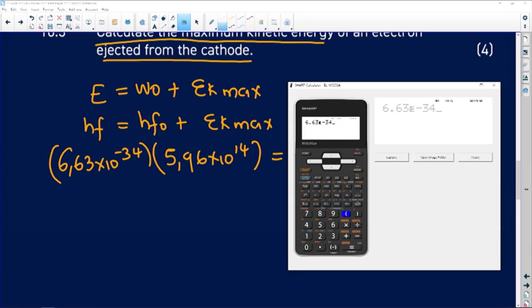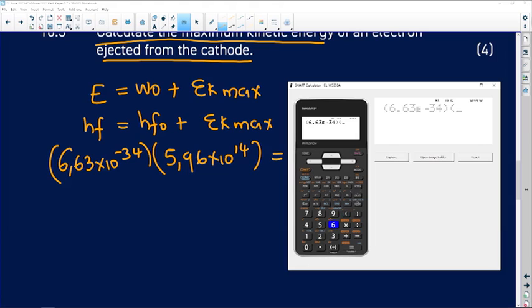We open the bracket, we are multiplying by 5,96 exponent 14 here. Okay, and then what do we get from this side? We can't get a negative number there. Something is not coming right with our calculator. So let's start over again. Minus 34.